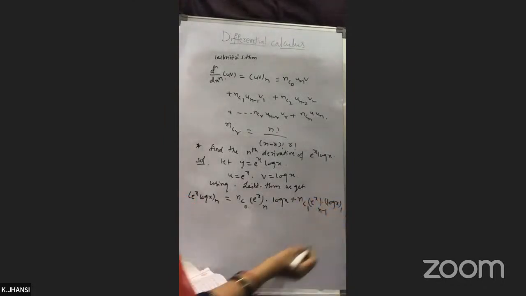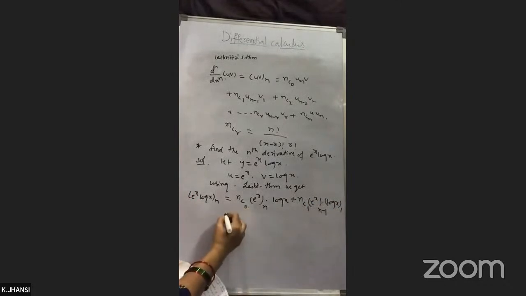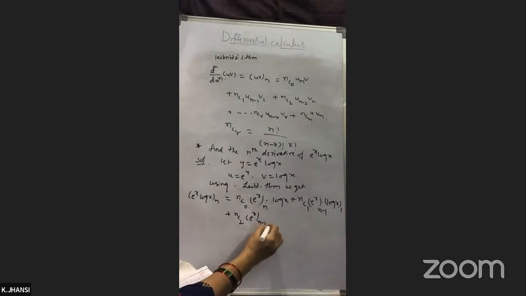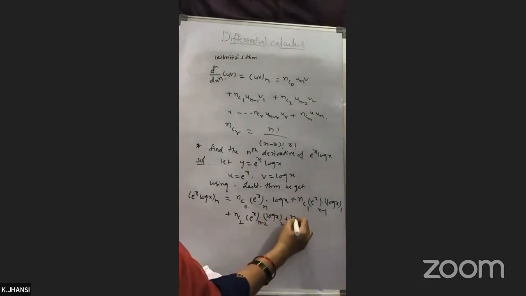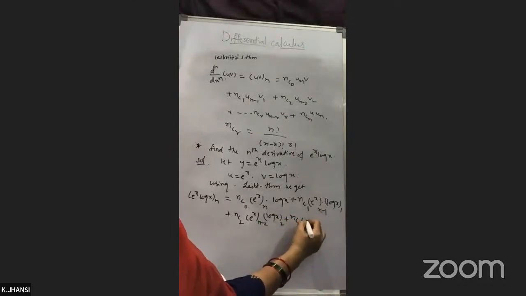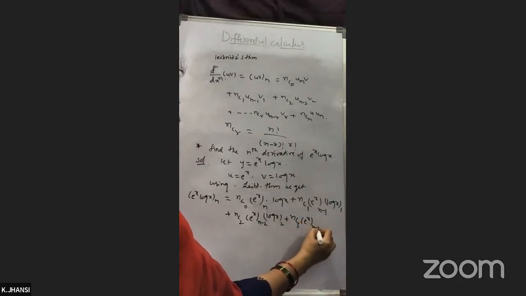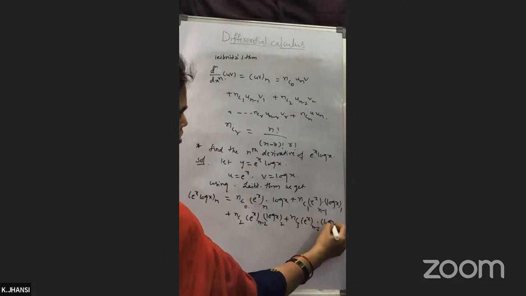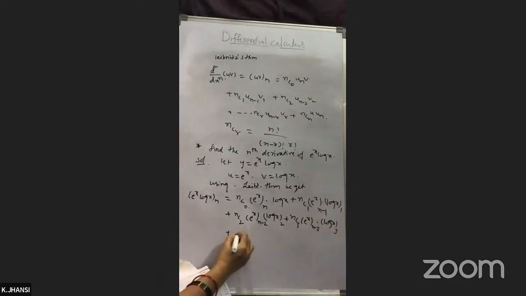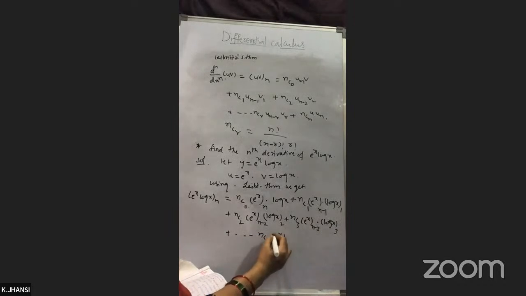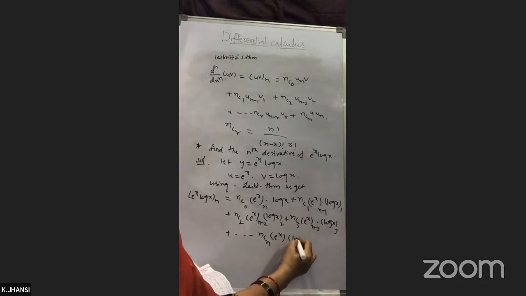If you write 1 here, it represents the first order. Next nC2 e power x of n minus 2, log x of 2, plus nC3 e to the power of x of n minus 3, log x of 3. So up to the nth order we are writing, that is nCn e power x into log x of n.